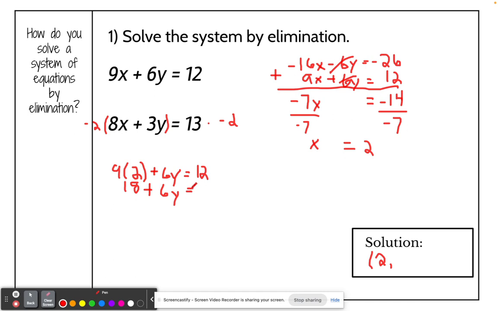Now I'm going to subtract 18 from both sides. And I get 6y equals -6. My last step will be to divide both sides by 6. And I know y equals -1.